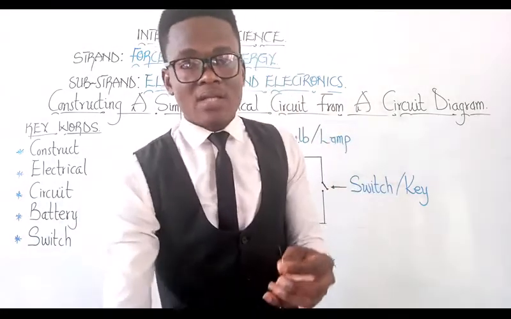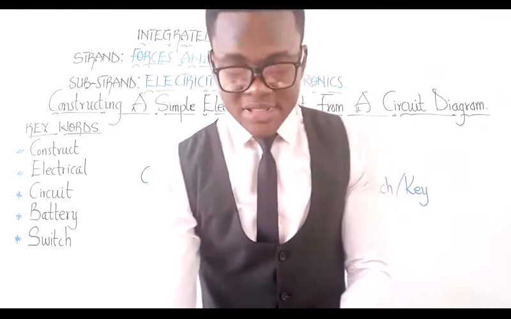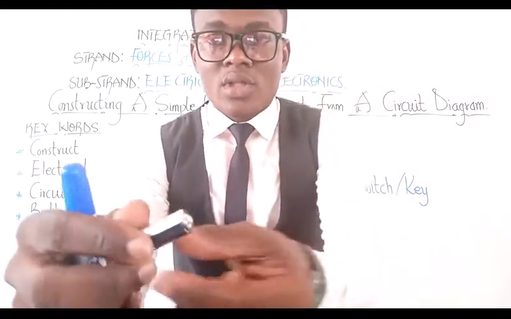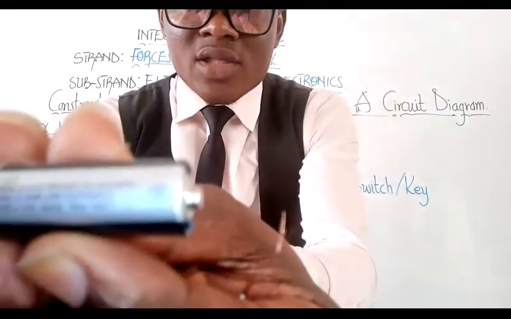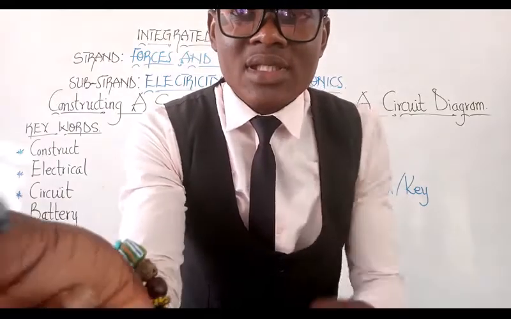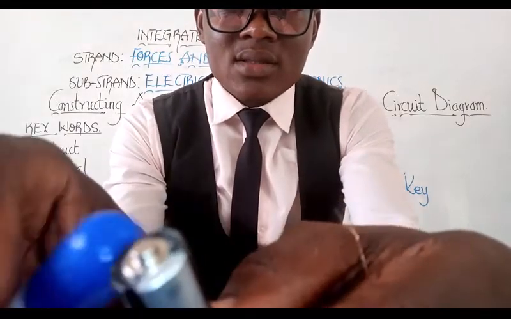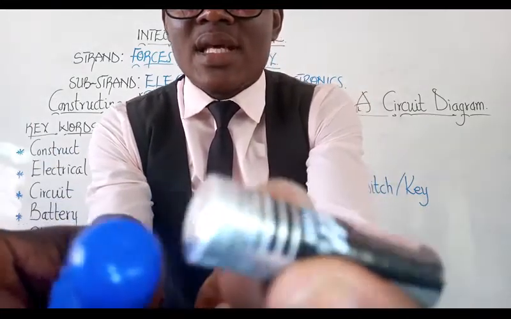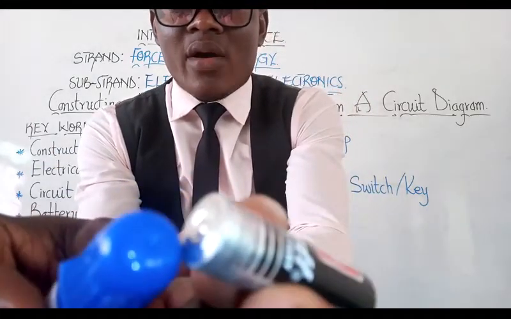Now you connect one to the positive terminal of the battery. The pointed side is the positive, and the flat side is the negative terminal of the dry cell.